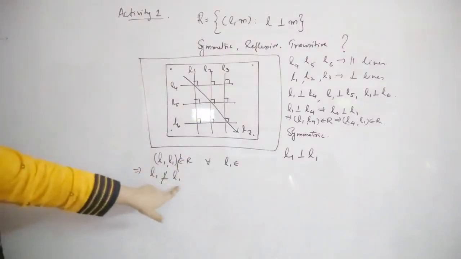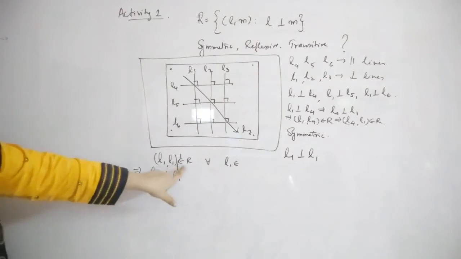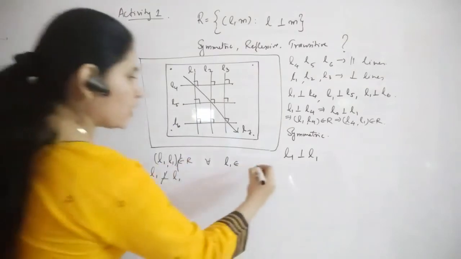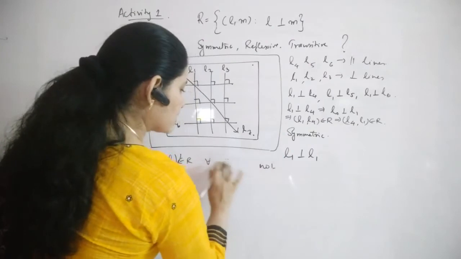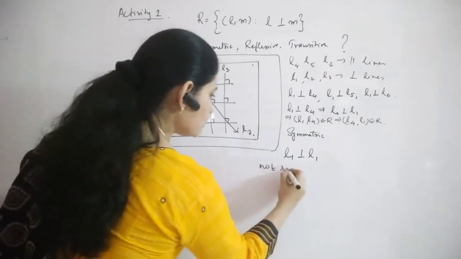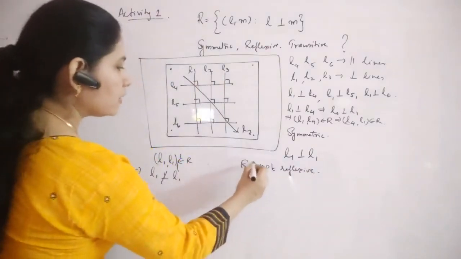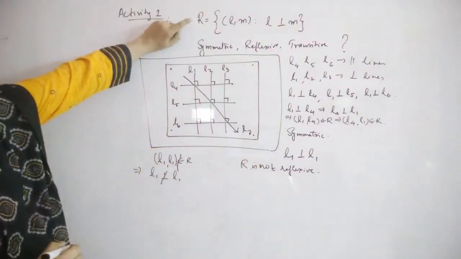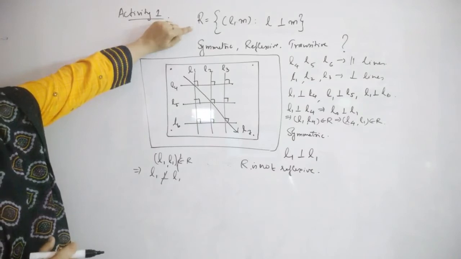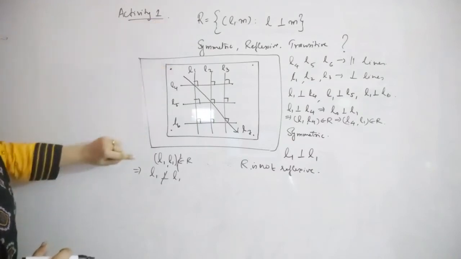So L1 is not perpendicular to L1, therefore L1, L1 does not belong to R. That means R is not reflexive. The relation given, L perpendicular to M, is not reflexive.